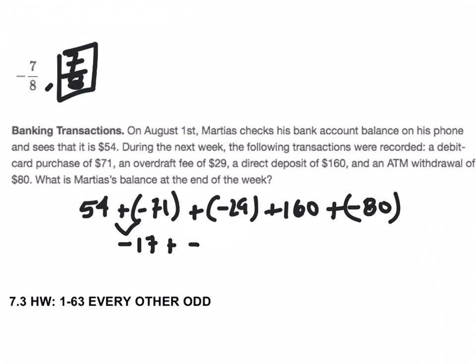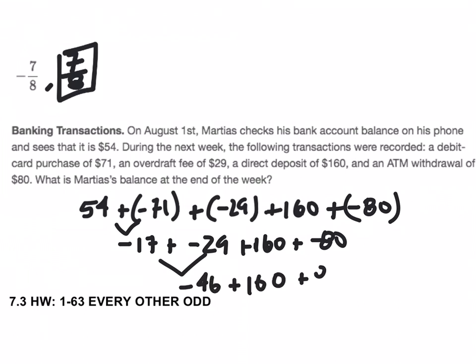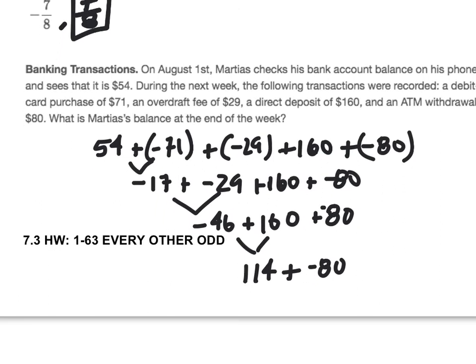Now, minus 29 plus 160, and then plus negative 80. When you add the first two numbers together, that gives you negative 46, plus another 160, and then plus negative 80. So negative 46 plus 160 gives me a positive 114. And then when you take off another 80, you get 34.